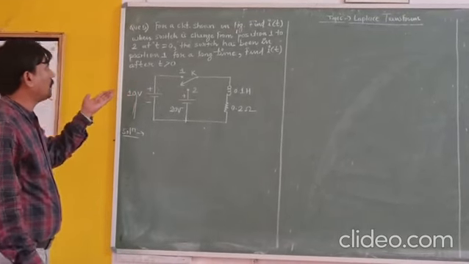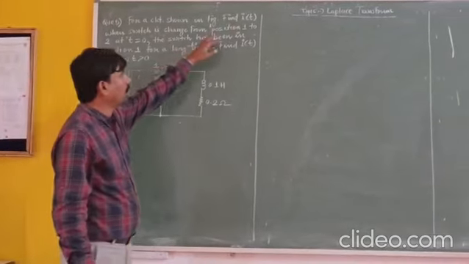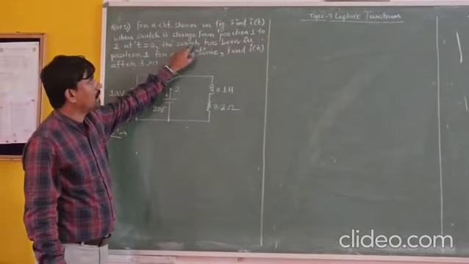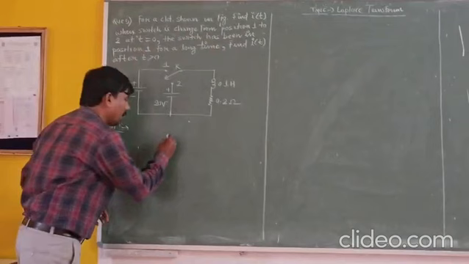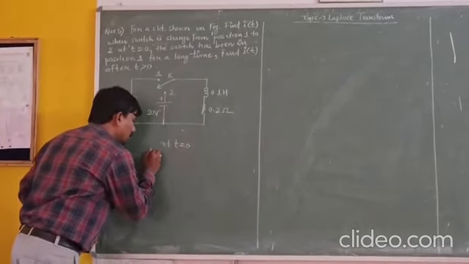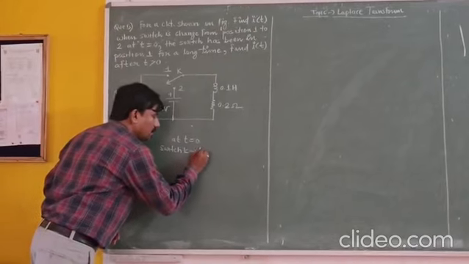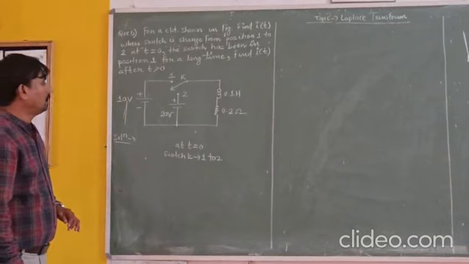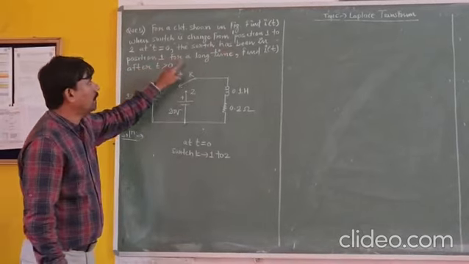Here, this is the circuit, and I want to find i(t) when the switch is changed from position 1 to 2 at t equals 0. It means that at t equals 0, switch K is changing from position 1 to 2. The switch has been in position 1 for a long time.